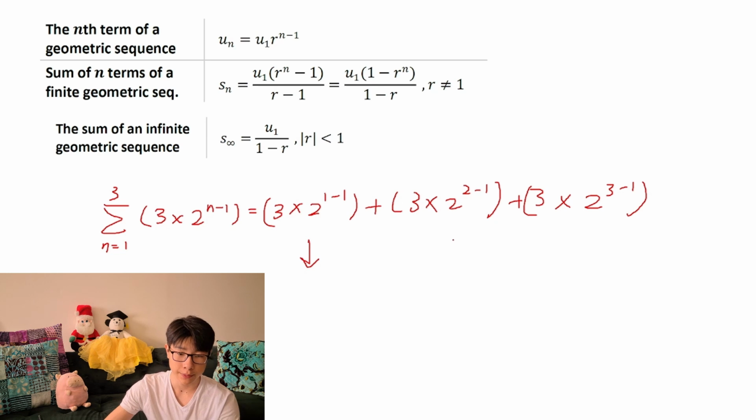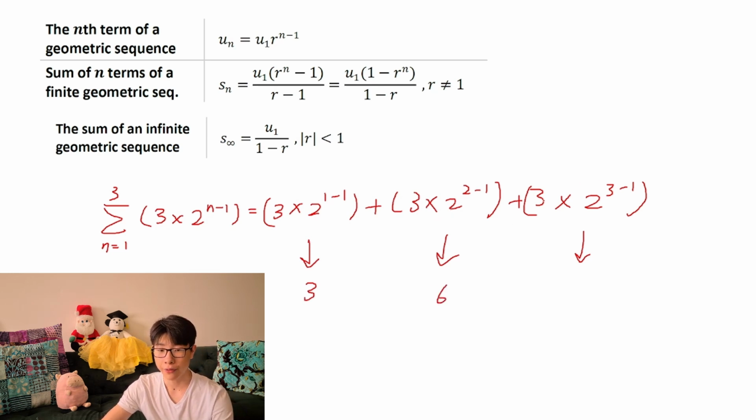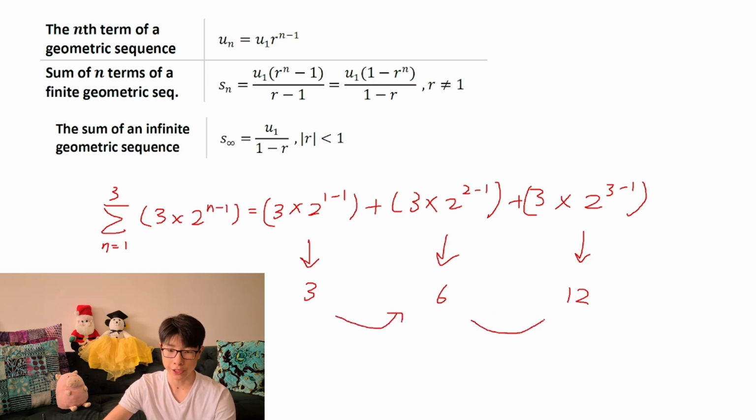Why? Because if we expand all of this, we'll find that our first term would be 3 times 2 to the power of 0. Any number to the power of 0 is 1, so we get 3. Here we'll have 3 times 2, which is 6. And here we'll have 3 times 2 times 2, giving us 12. And we find that this is a geometric sequence of common ratio 2.